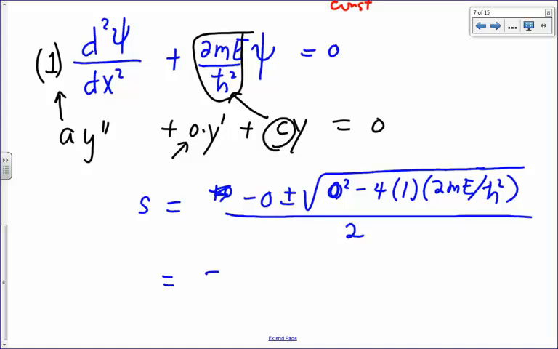And so that's negative of plus or minus, okay, negative 8 mE over h bar squared.